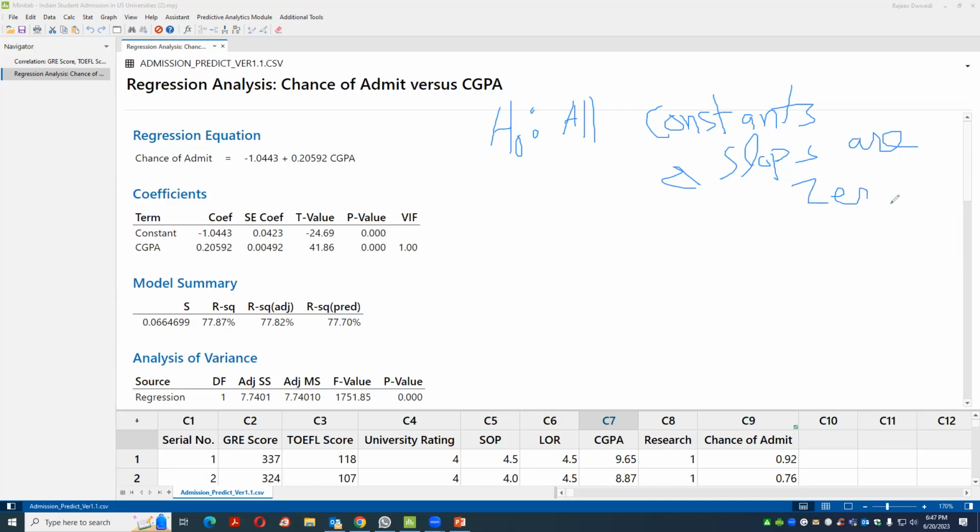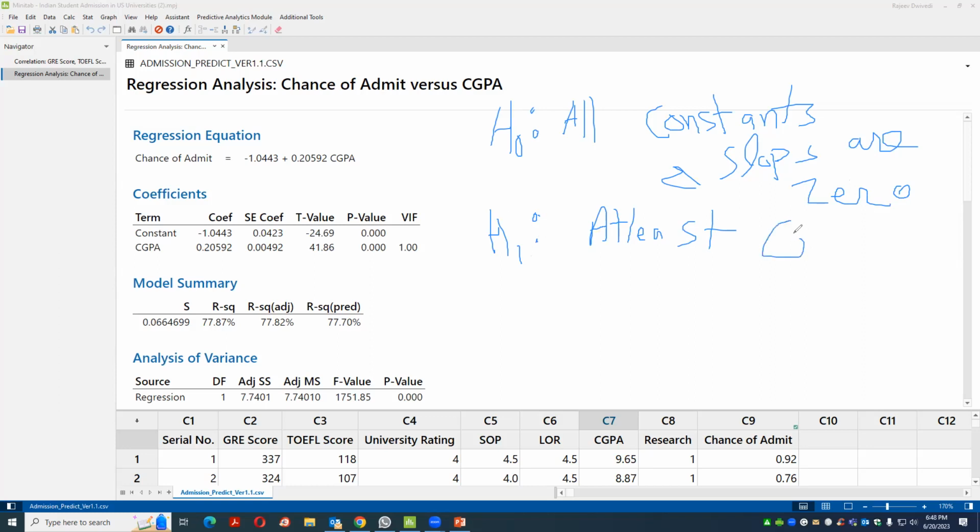Are you understanding what I'm trying to say? The alternative hypothesis says at least one constant or slope is non-zero. If at least one is non-zero, it means you can have an equation that can help you to predict.